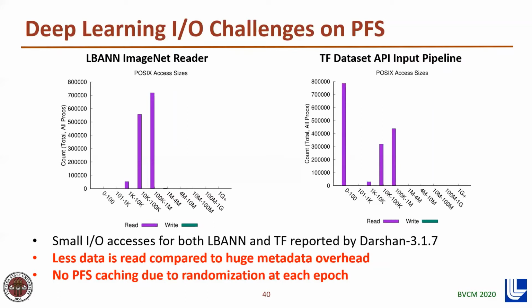Apart from that, we cannot use the caching mechanisms or IO aggregation policies already built into different parallel file systems, because we have to deal with the randomization at the beginning of each epoch.